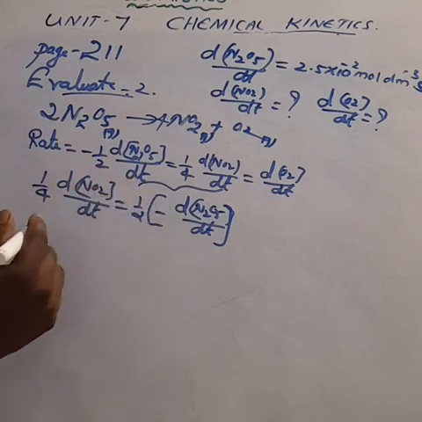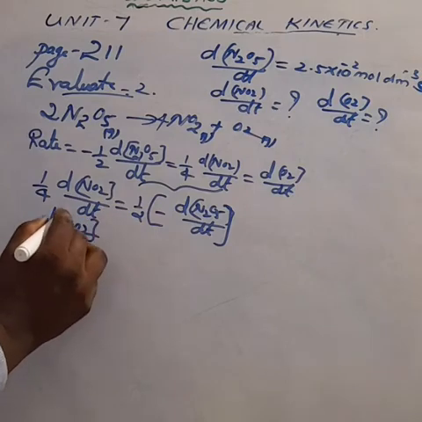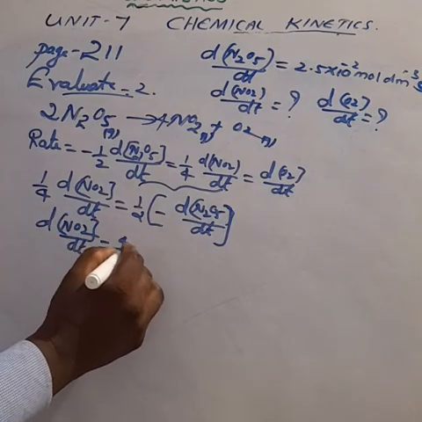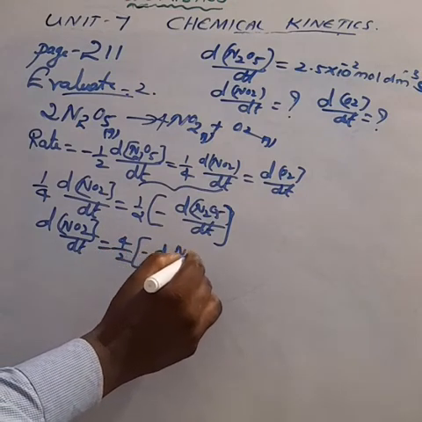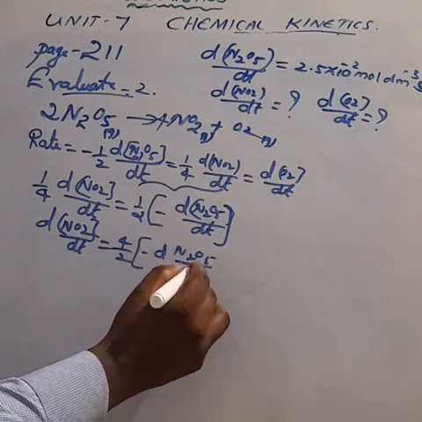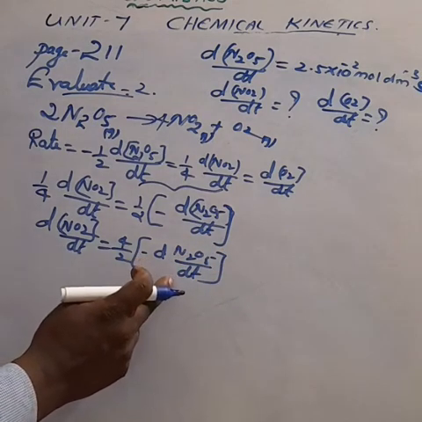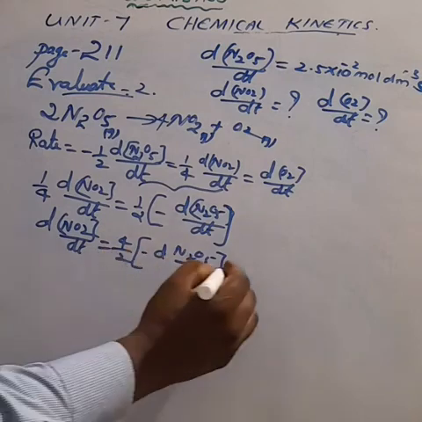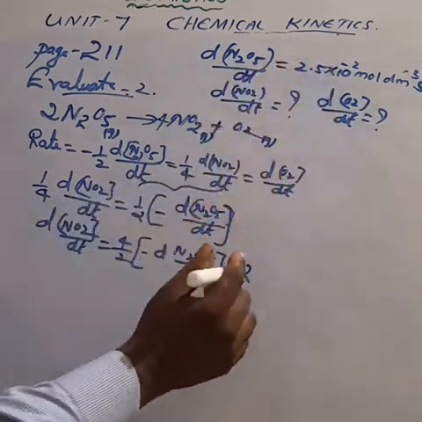We get d of NO2 divided by dt equal to 4 by 2 into minus of d concentration of N2O5 divided by dt. That can be written as 2 into minus of d of N2O5 divided by dt.